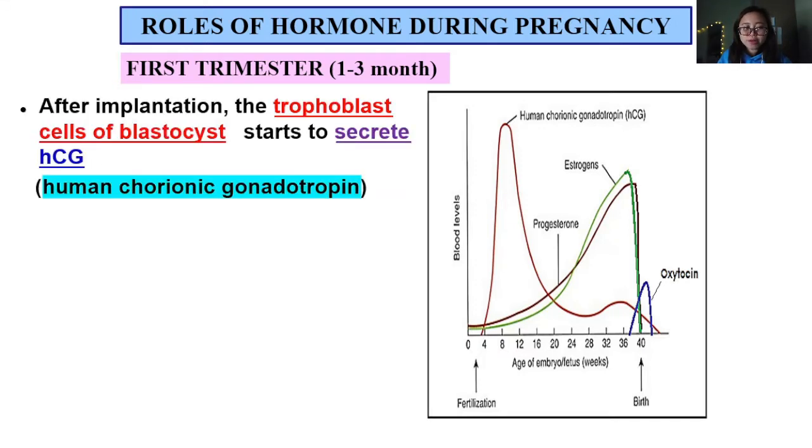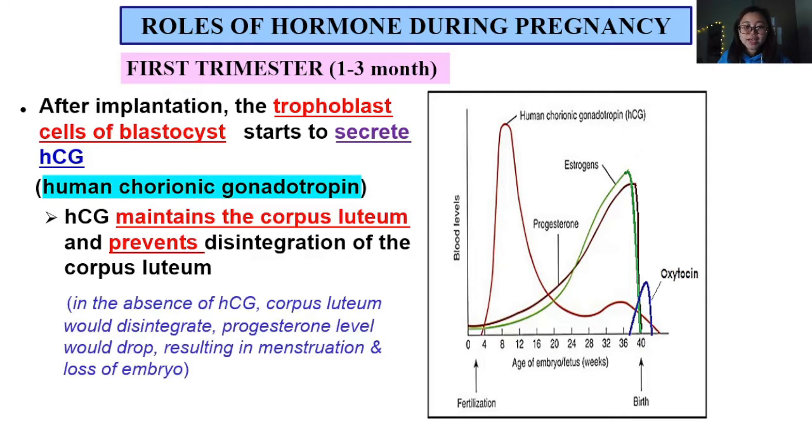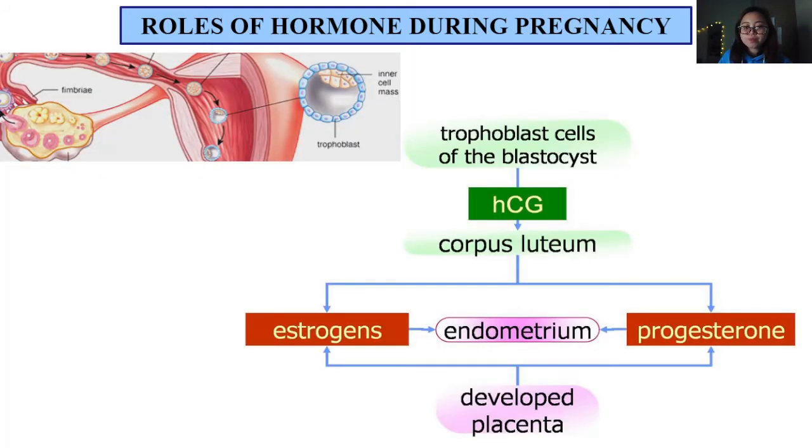So in the first trimester, after implantation, the trophoblast cells of the blastocyst will start to secrete HCG, also called the human chorionic gonadotropin. HCG will maintain the corpus luteum and prevent its disintegration. In the absence of HCG, the corpus luteum would disintegrate, progesterone levels would drop, resulting in menstruation and loss of the embryo.